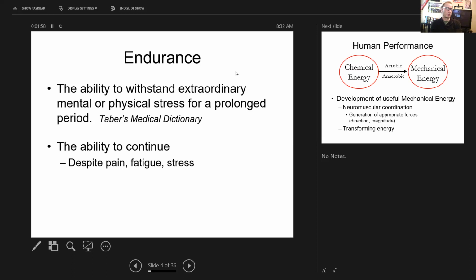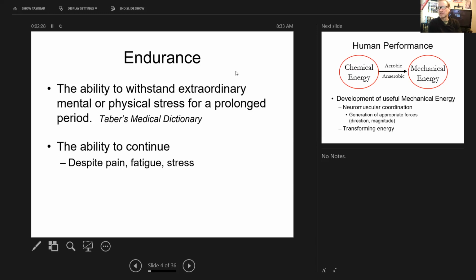And so we are really interested in the ability to continue to exercise or the ability to sustain a pace despite any pain that we may be experiencing or any fatigue. Fatigue is a whole other term we need to define and talk about. But we can just think of fatigue right now as a general tiredness or despite the stress placed on a system. So the ability to continue.